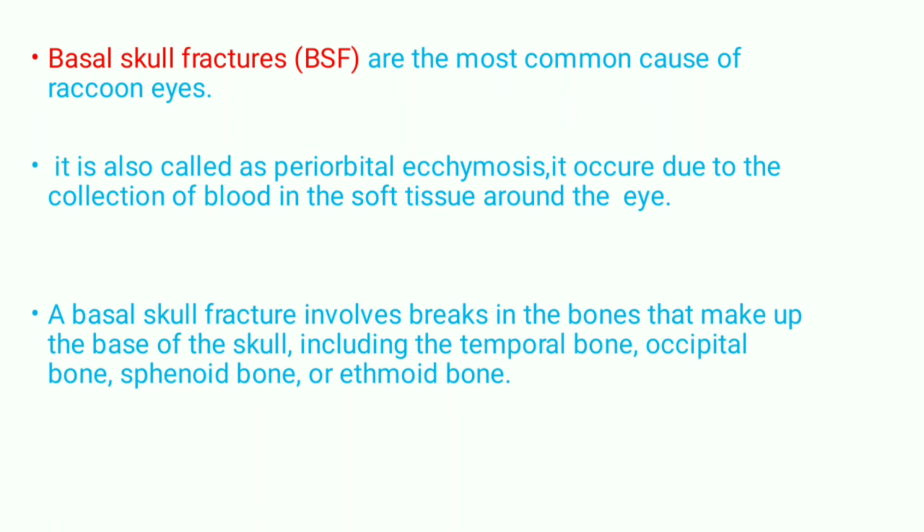It occurs due to the collection of blood in the soft tissue around the eye. Basilar skull fracture involves any fracture of the temporal bone, occipital bone, sphenoid bone or ethmoid bone, which make the base of the skull. We can see the next image.